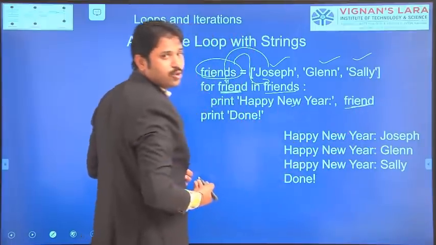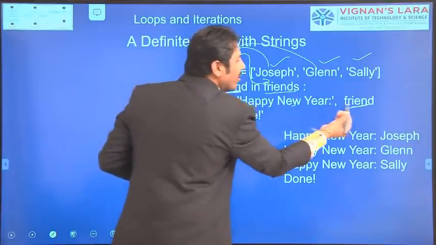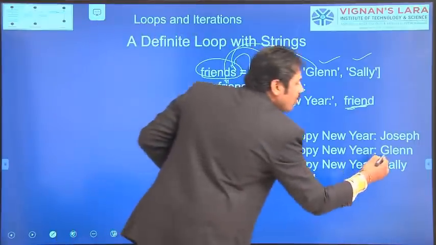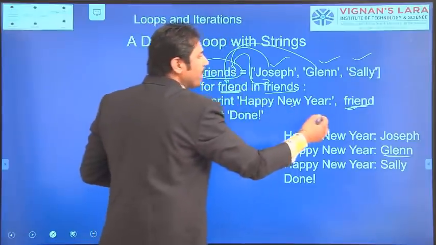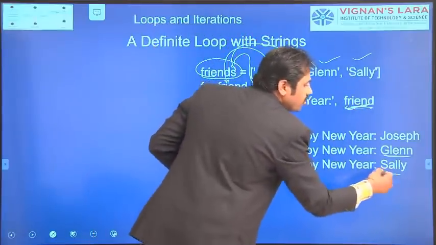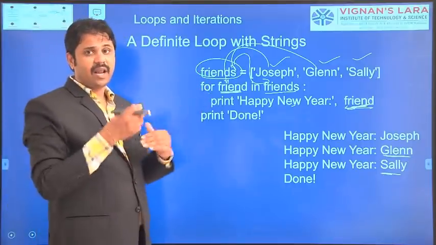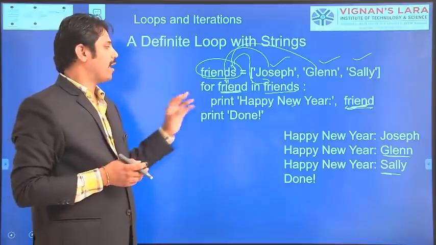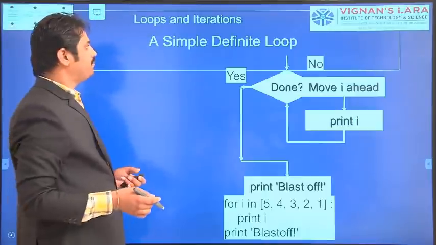For the second iteration, friend is Green, so it takes Green. At the third time it takes Sally. So after 3 iterations the for loop is automatically over. Finally, it prints done.